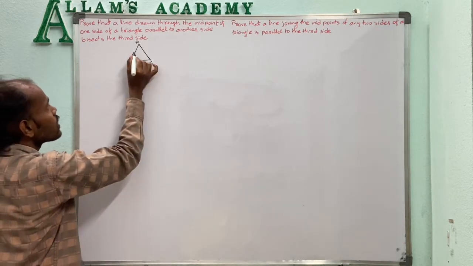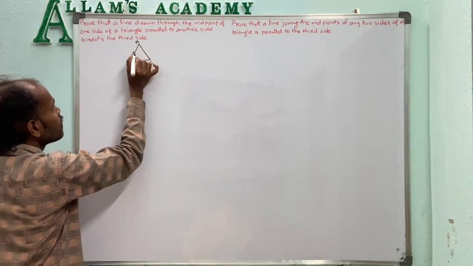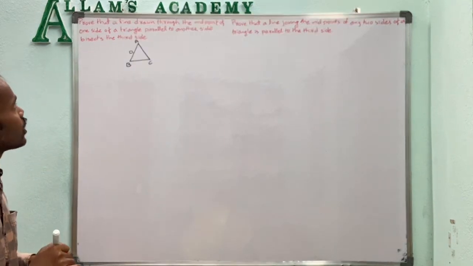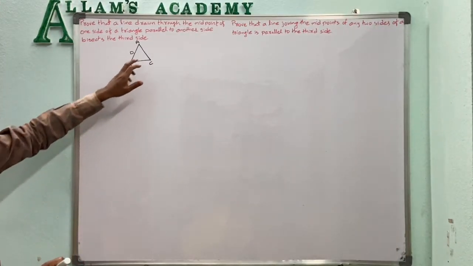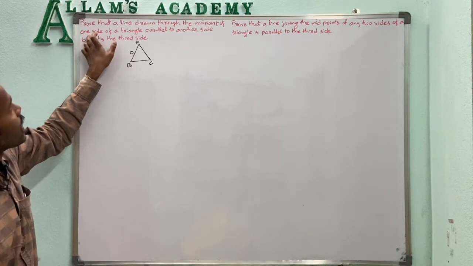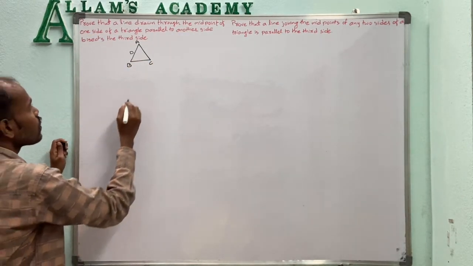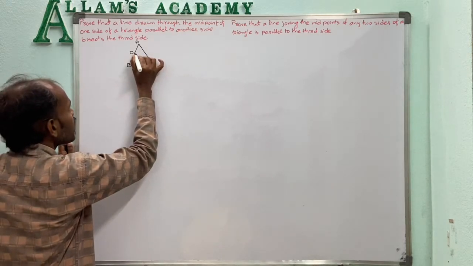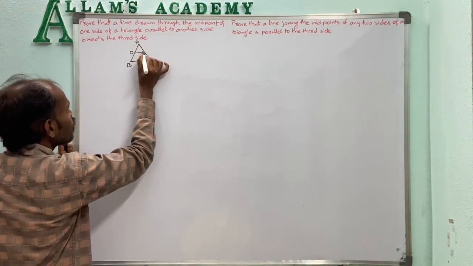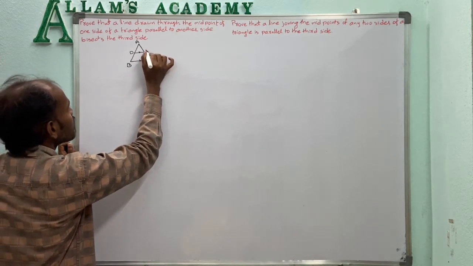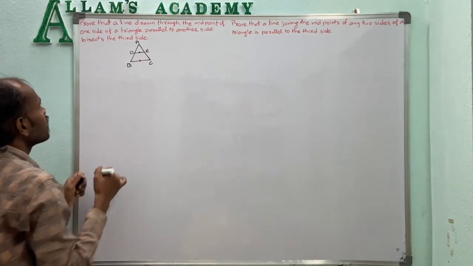Now the AB side's midpoint taken as D. Now from D, draw a parallel line to another side. So from D, drawing a parallel line to BC, that will touch AC at E.